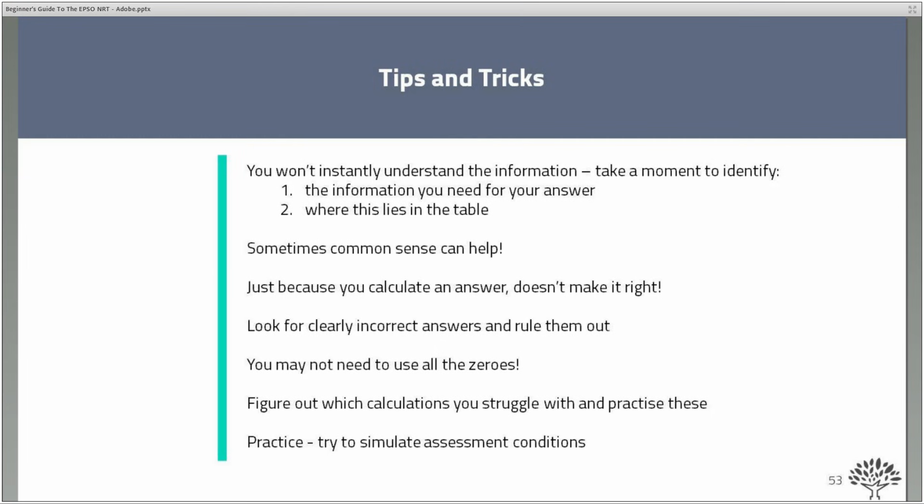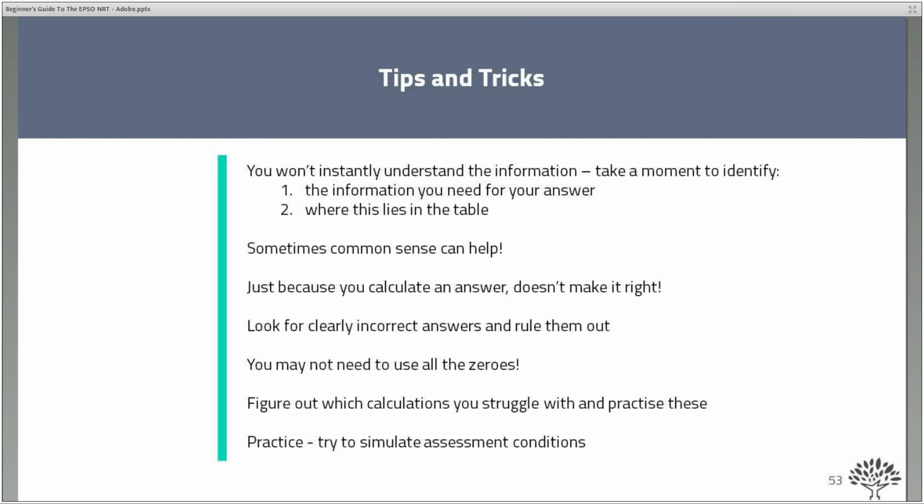Similarly with percentages, if you know something is likely to increase, so if you see all your populations in the question are increasing, and you come out with a negative number, a decrease, then you know you've done something wrong. So you can apply a bit of background understanding to help you.